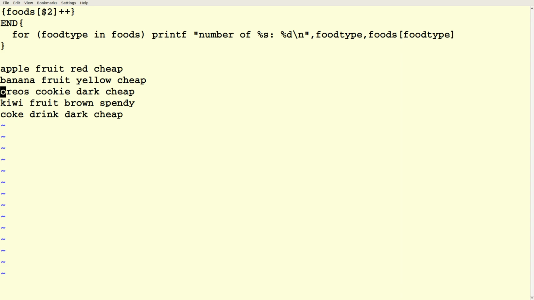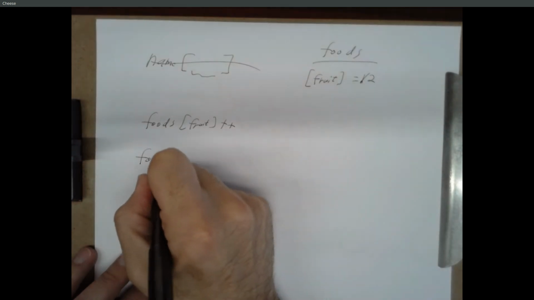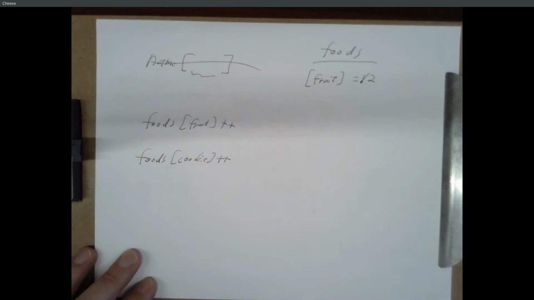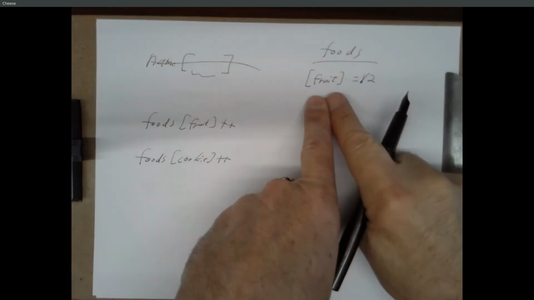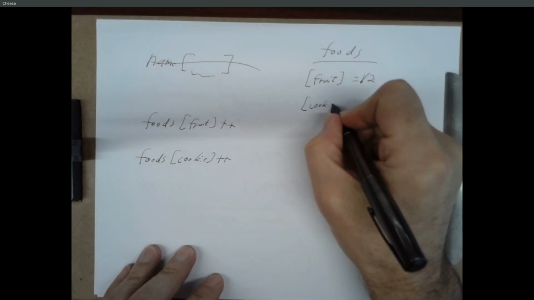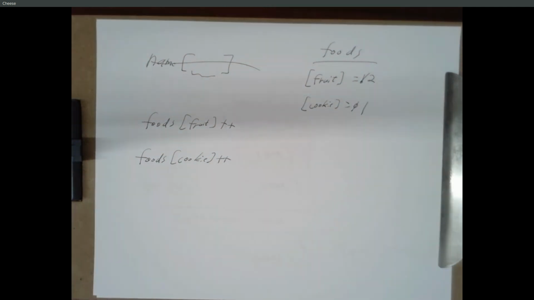Now it reads the third line, and field 2 is cookie. So now that instruction says foods[cookie]++. Well, there is no element indexed by cookie yet, so it creates one and initializes it to 0, and then it says ++, so that's a 1.